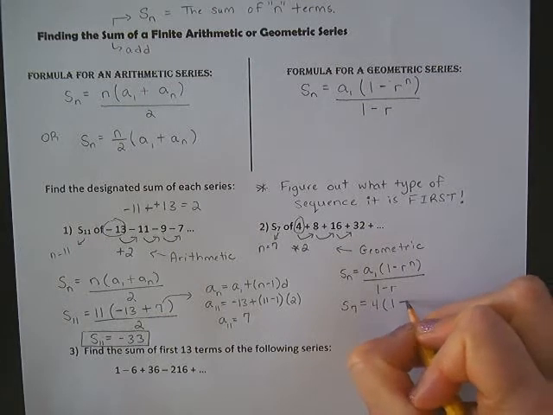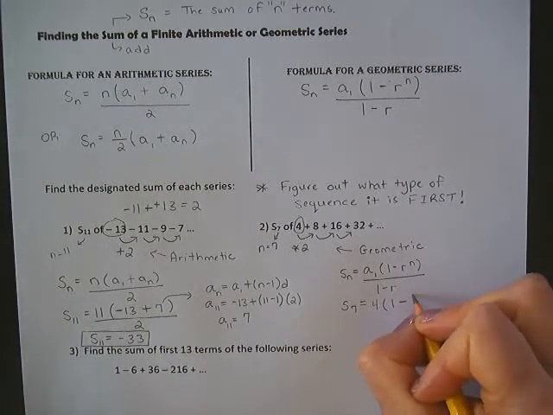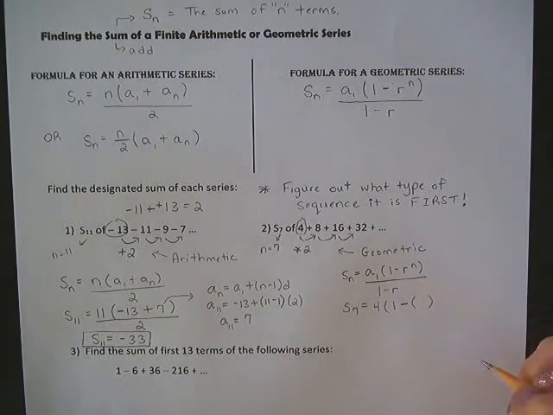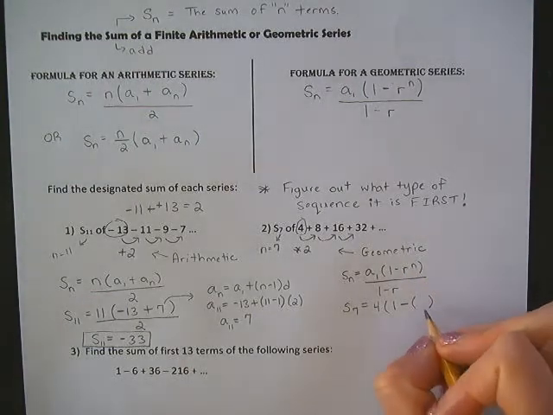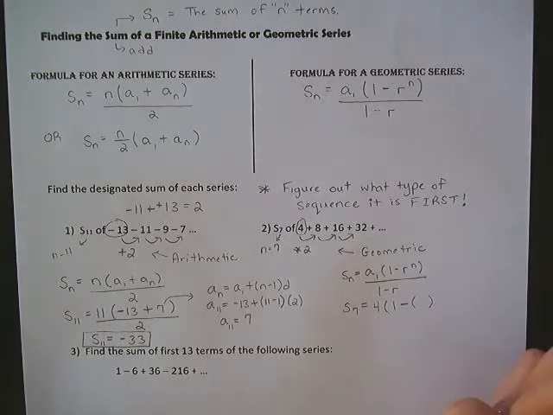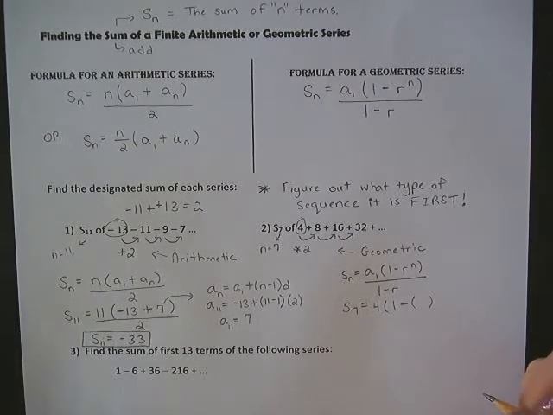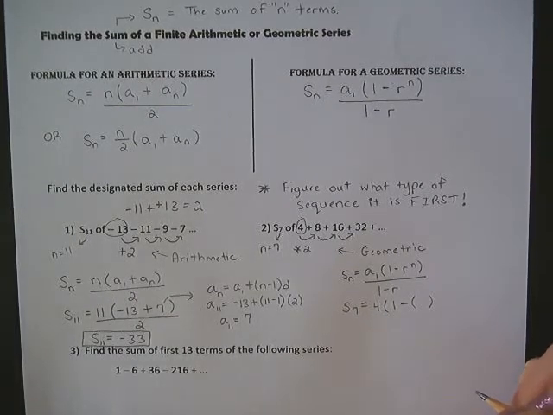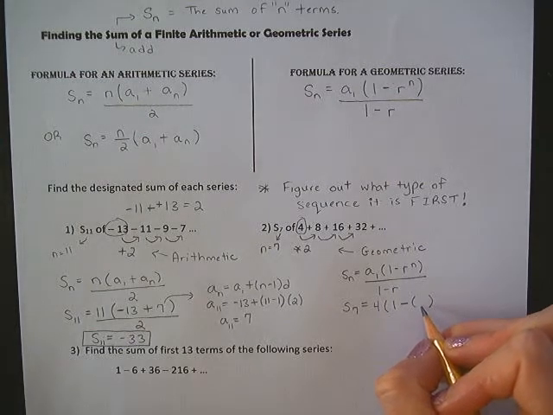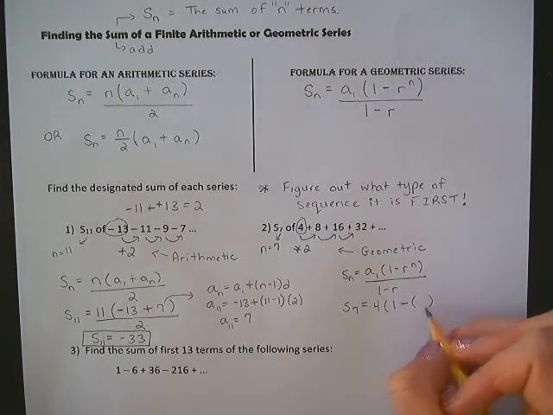And then it's times 1 minus. Now, as a piece of advice, with this one especially because it has the exponent with it, always get in the habit of putting the common ratio, which is what r is, in parentheses there. If you do not, and you type it in your calculator, sometimes your calculator will not do it correctly, because if this happened to be a negative number, it won't include the negative when it does the exponent part.